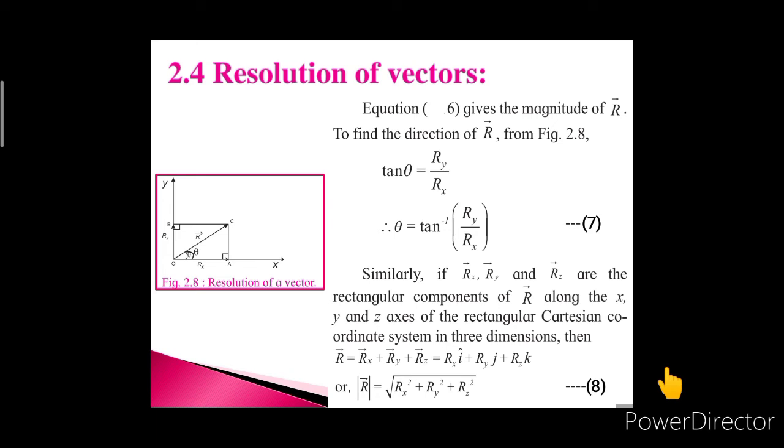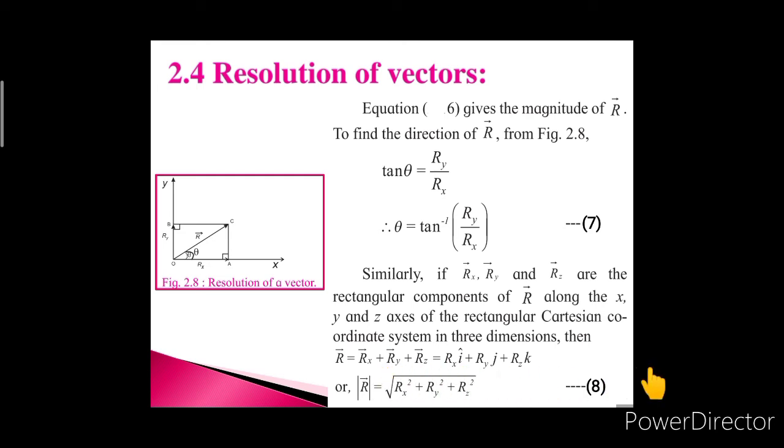So, if we are having the resolution of the vector into the 2 components, so the magnitude is to be written as square root of rx square plus ry square. That means here we have to take the magnitude of the components along the direction, and their squares are supposed to be added, and then we have to take its square root.